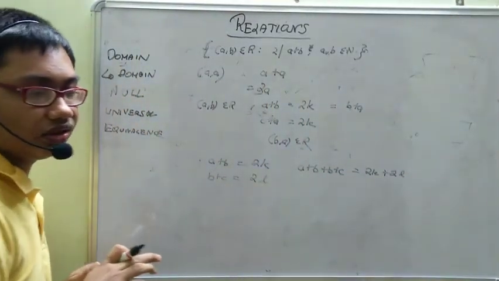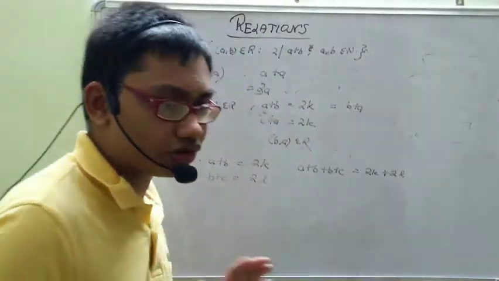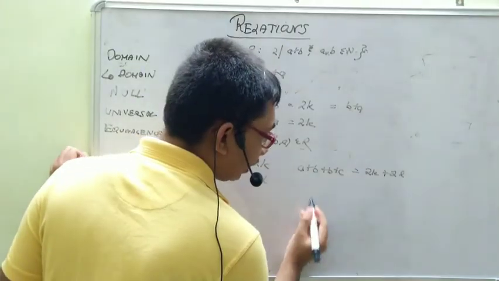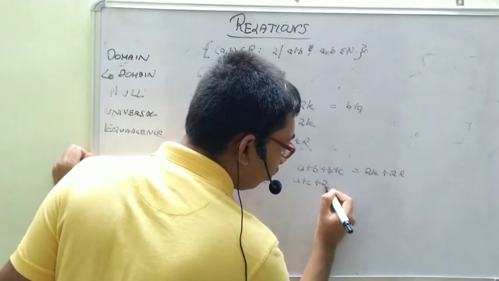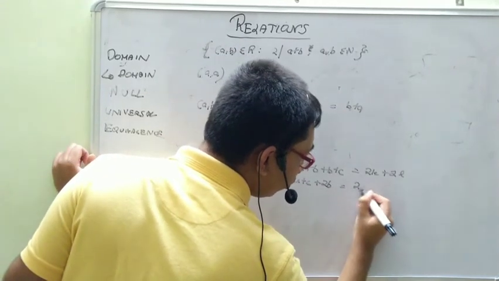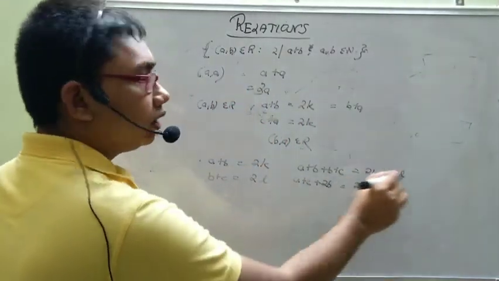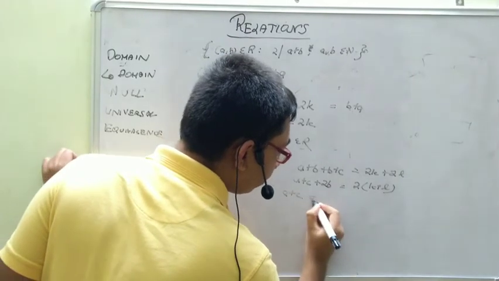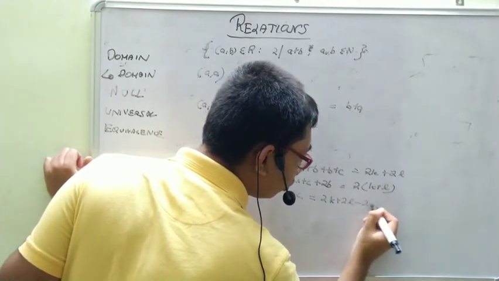Do you get it? We are just adding these two equations. What do we get? a plus c plus 2b is equal to 2 into (k plus l). We take the 2b to the other side: a plus c is equal to 2k plus 2l minus 2b.